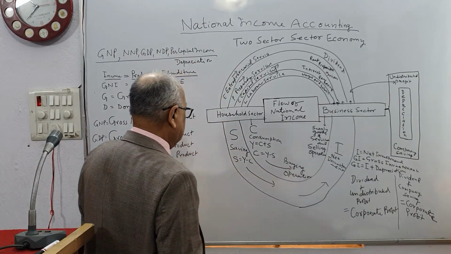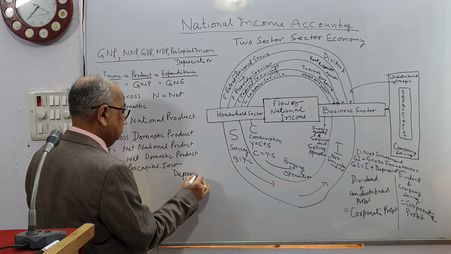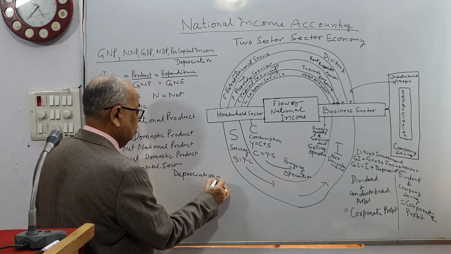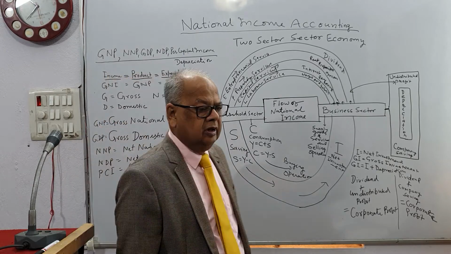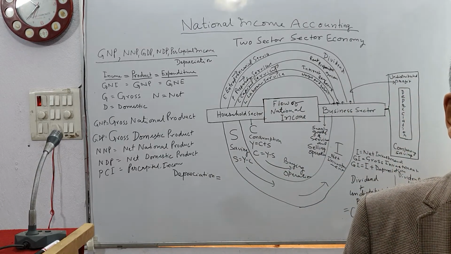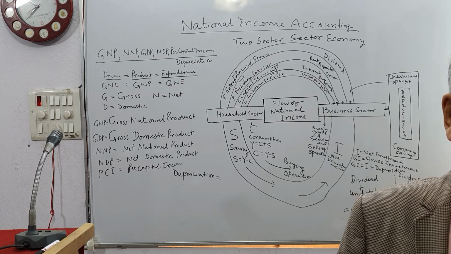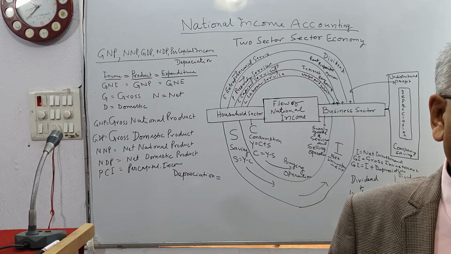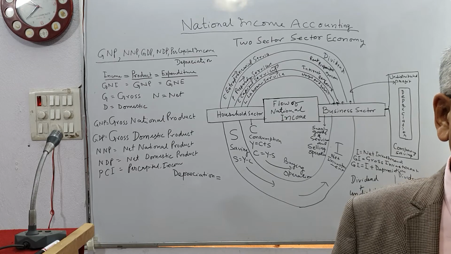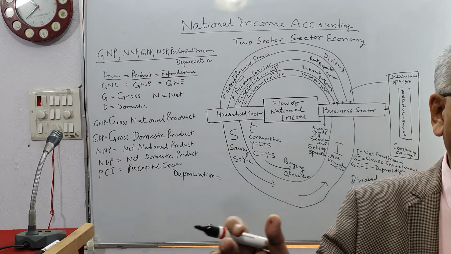When we talk about depreciation, what is depreciation? A depreciation fund is created so that when machinery is outdated, when machinery becomes old, it will be replaced by new machinery. And for that, some fund is created right from the starting days. When the new machine is installed, there is an account in the bank known as depreciation fund.